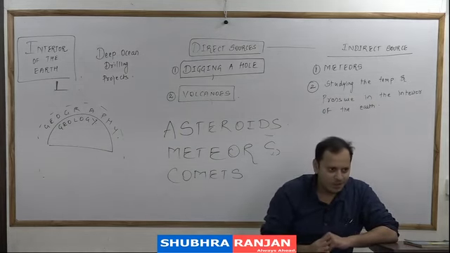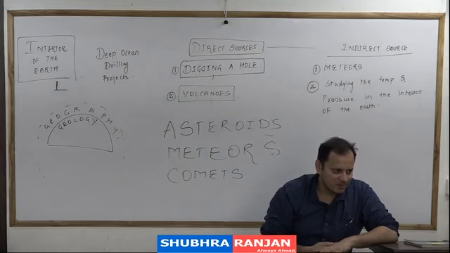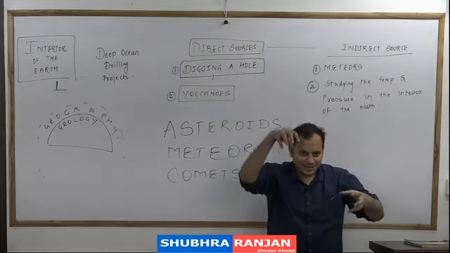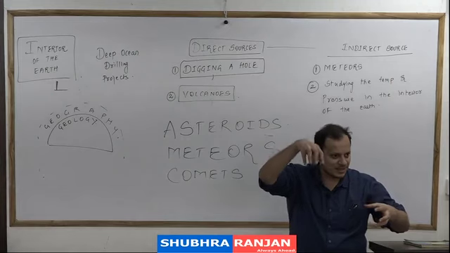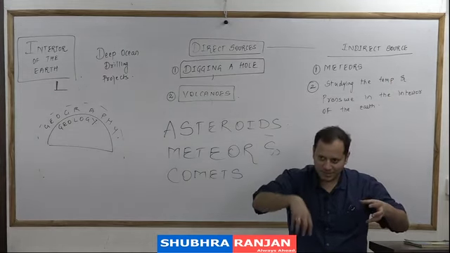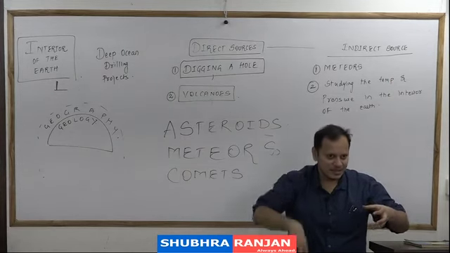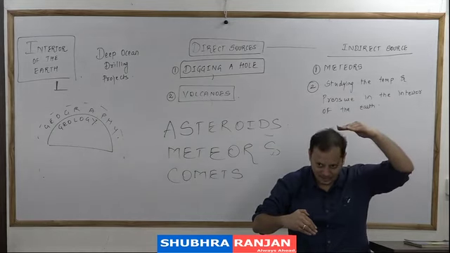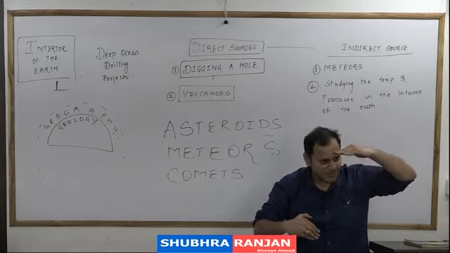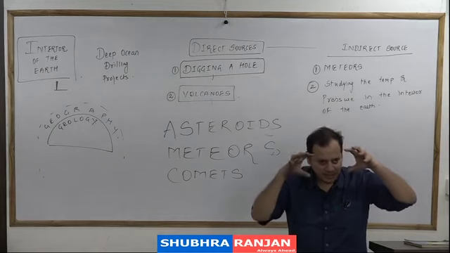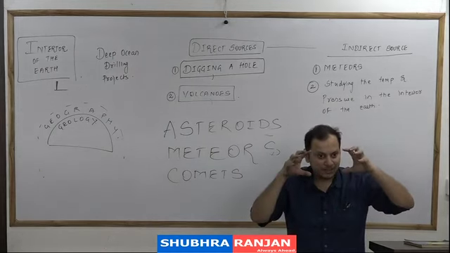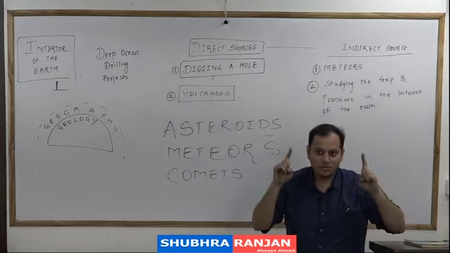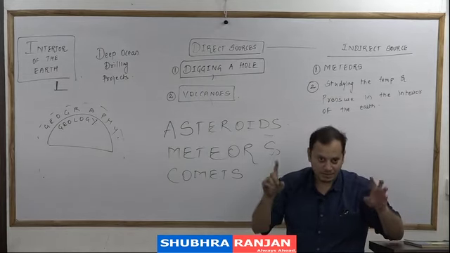No. Why is it not in the molten format? Pressure. As you go down, along with temperature, density and pressure are also increasing. When the pressure increases, the melting point of anything is increased, and because the melting point is increased, the inner part of the earth, in spite of high temperature, is not in the molten format.